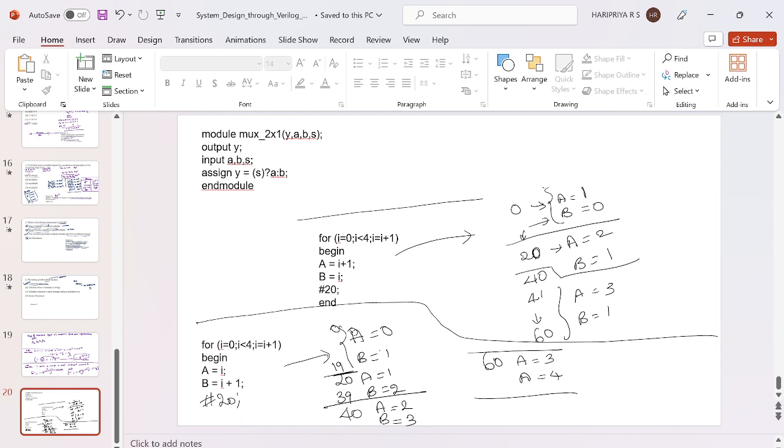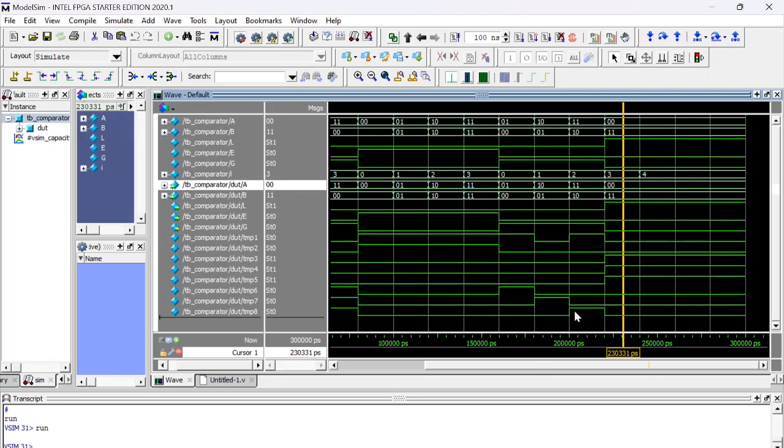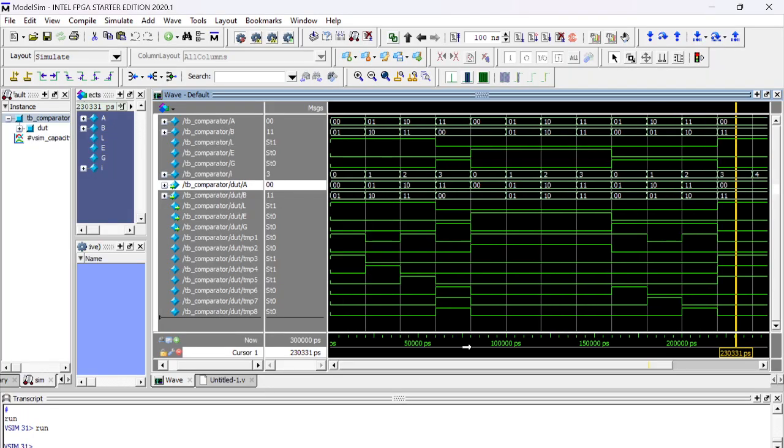Till 40 it will be here. At 40 you will see this change. It will be incremented to 60, but at 60 itself you will see the other change. So sometime before this, say 19 point something, based on the precision of the time scale. So now the given in the question is 85 nanosecond, which is somewhere here. I think so. So it is equal because both are 0 0.